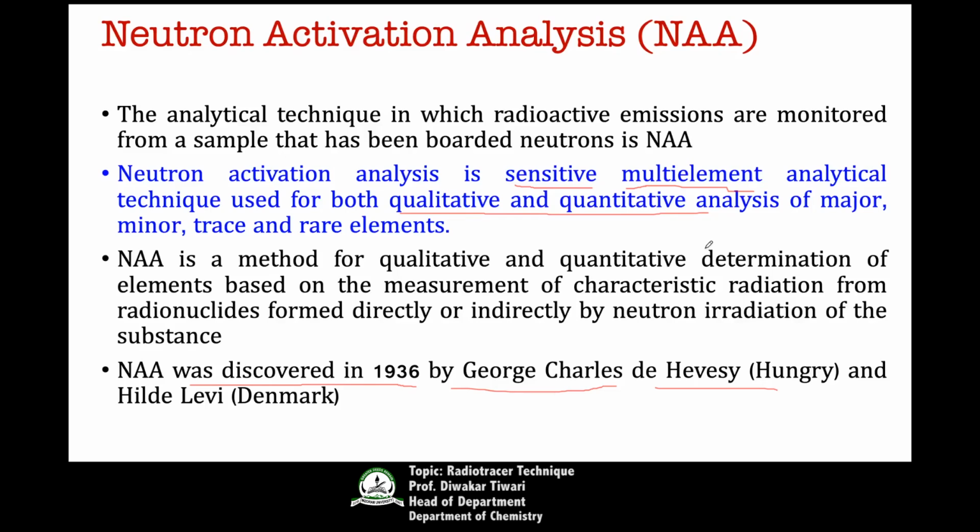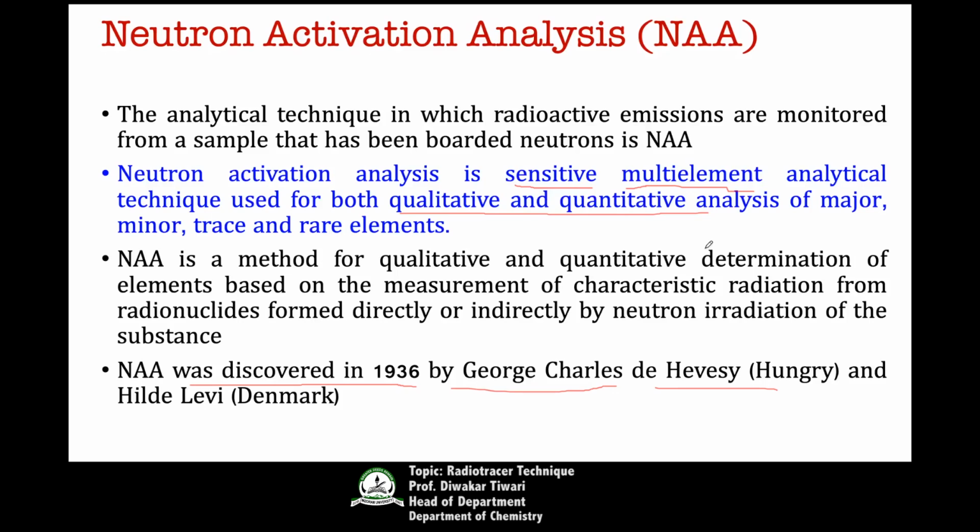So once the analysis is over, one cannot get the sample back, so you have to destroy that sample. But with the help of neutron activation analysis, the sample can be taken back, it is not destroyed.